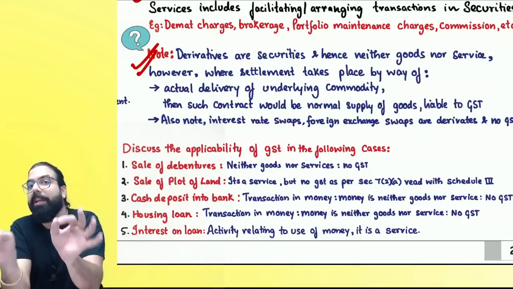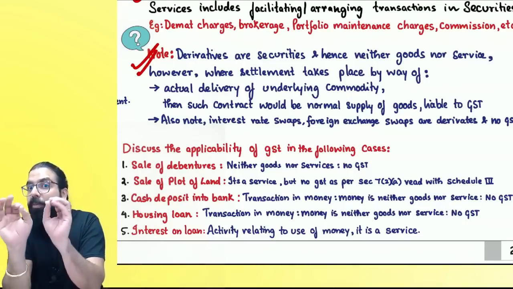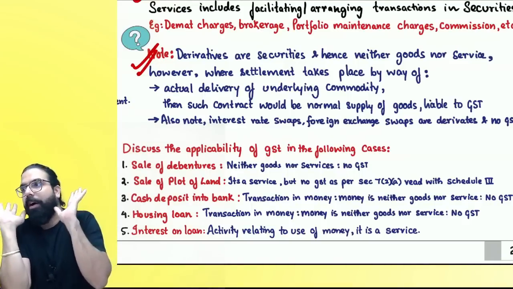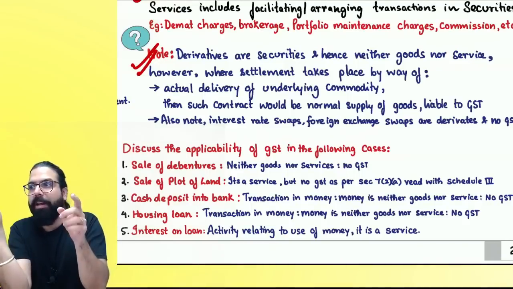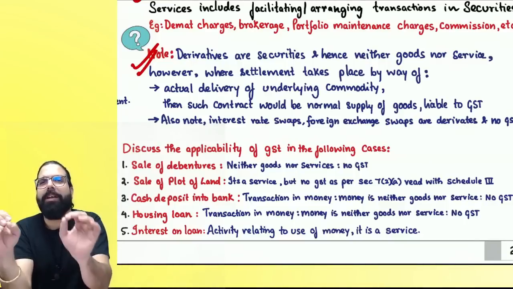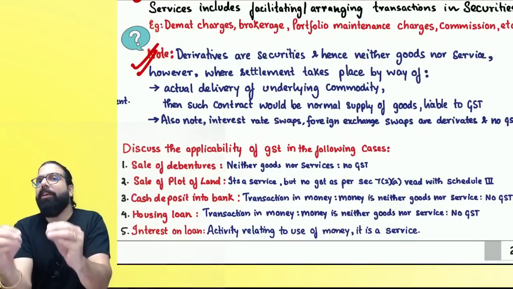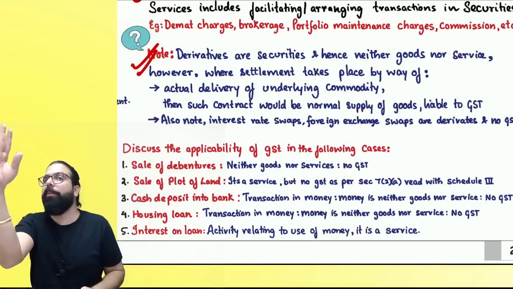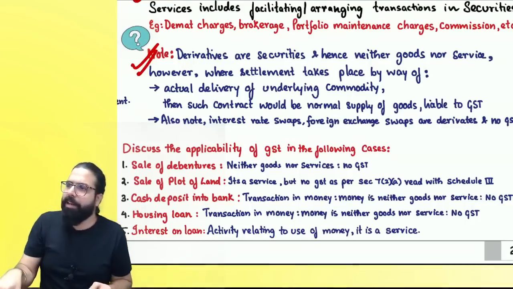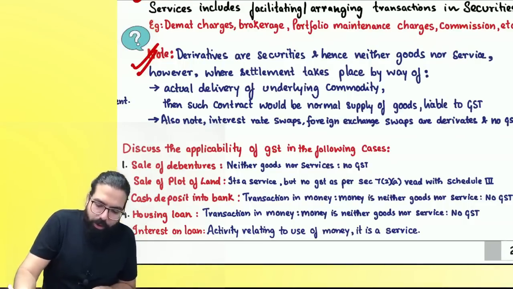But at the end of the derivative contract, if actual transfer of goods is happening, then it's a supply contract. Are we clear, everyone? Did you understand what I'm telling? Generally, derivatives are securities, neither goods nor service, but if at the end of the contract term actual goods are being transferred, then it's a supply of goods. Are we clear, everyone? So that is what is being told over here.